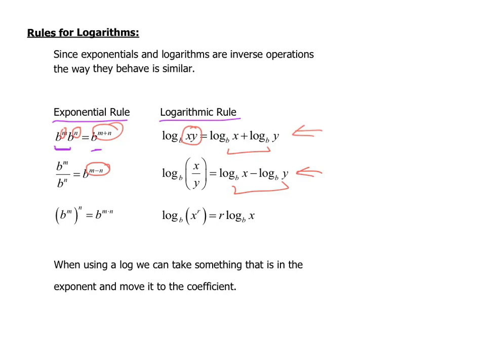If you're taking log base b of x to the r, we can take this r and it can go from being in the exponent to being a coefficient. This rule turns out to be really handy, and it can solve a lot of problems with algebra for us. To restate, we can take something that is in our exponent and rewrite it using that log so that it becomes a coefficient.